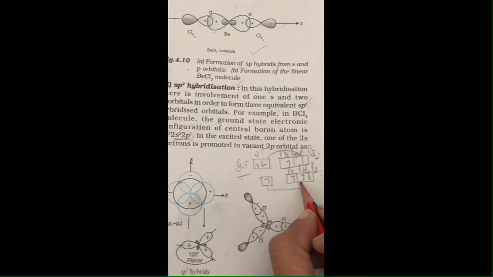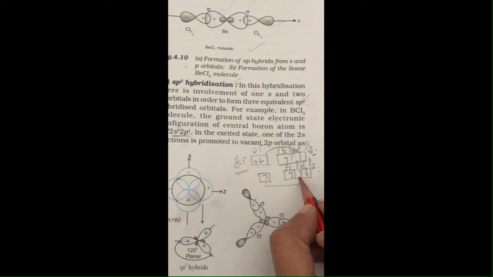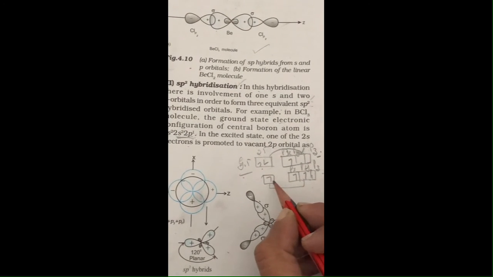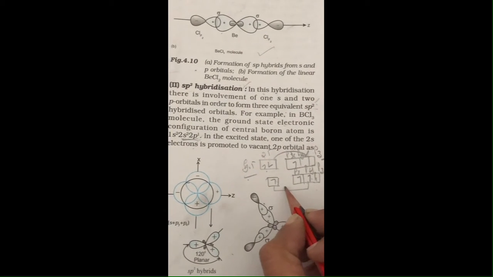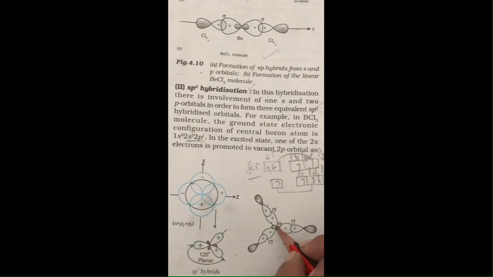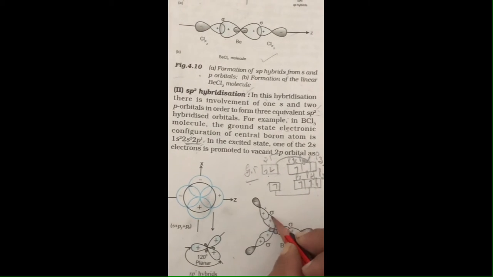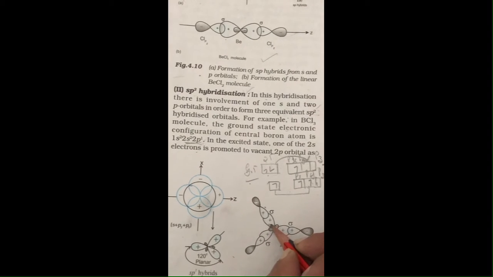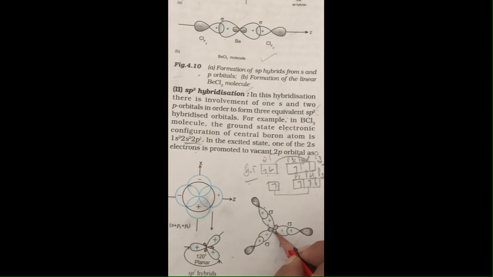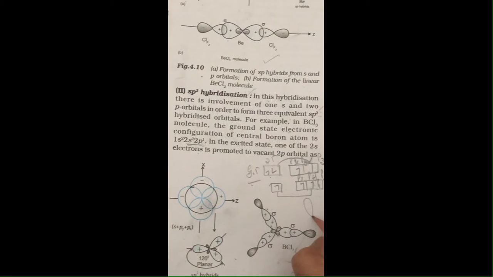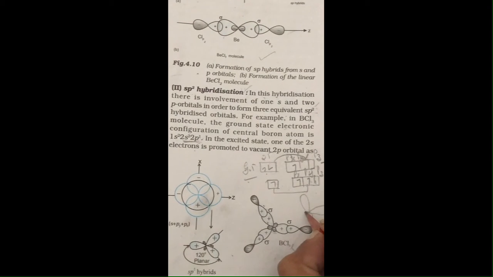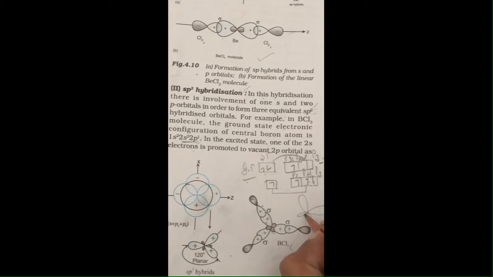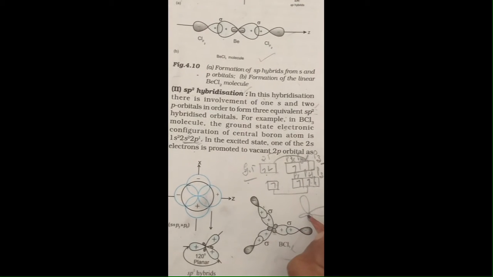As you have learnt earlier, the number of hybrid orbitals is equal to the number of orbitals that are intermixing. Clear? So according to that, there are 3 hybrid orbitals. As in this diagram you can see, this is the first hybrid orbital with a larger positive lobe and smaller negative lobe. And this is the second one, and that will be the third one.